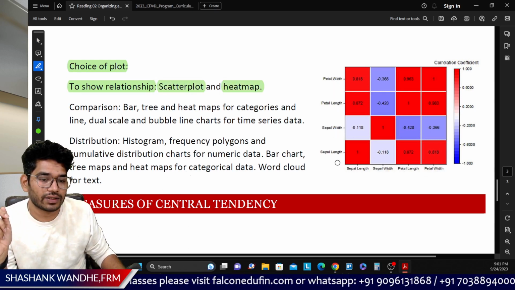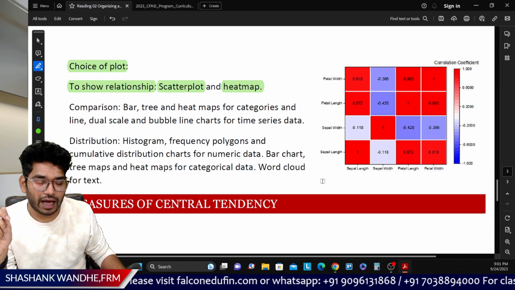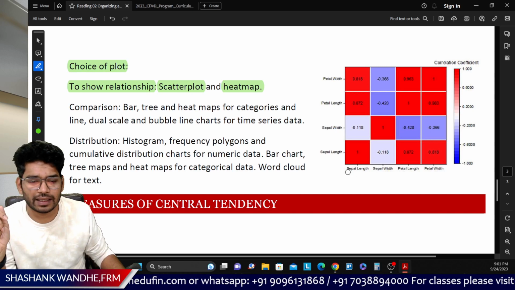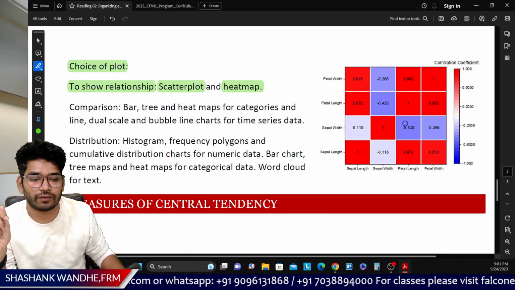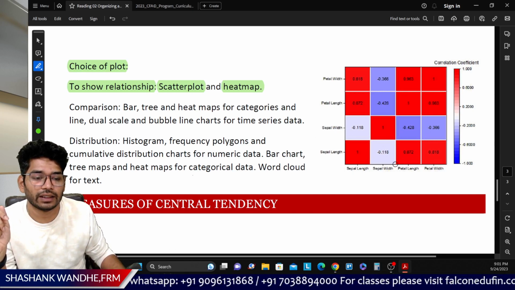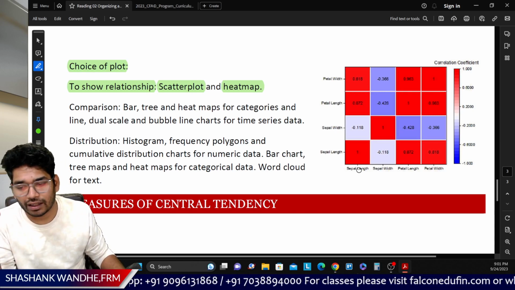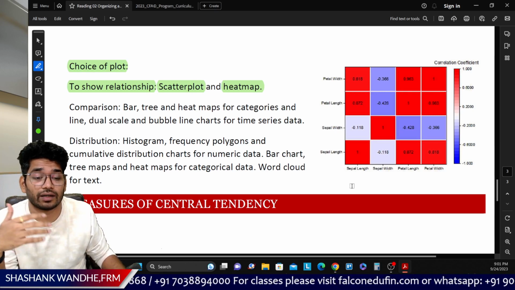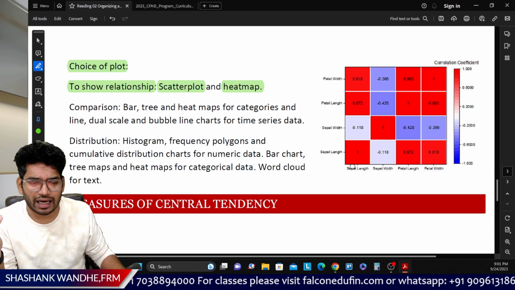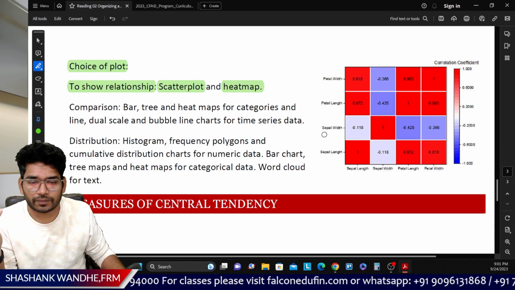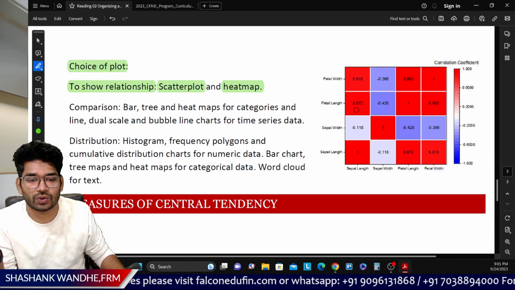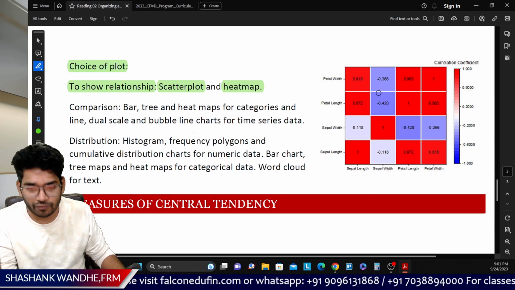So see here, we have one variable, then we have the second variable, and we are showing the relationship here. This is a very common example used in data science and data analysis. This is a petals analysis: petal length versus width and so on. So this is for the relation.